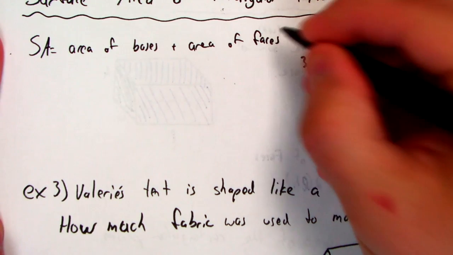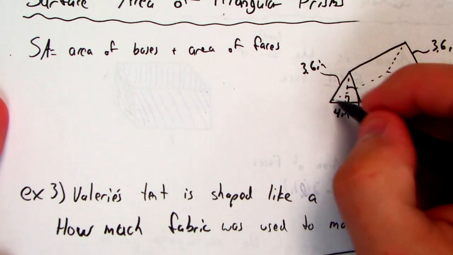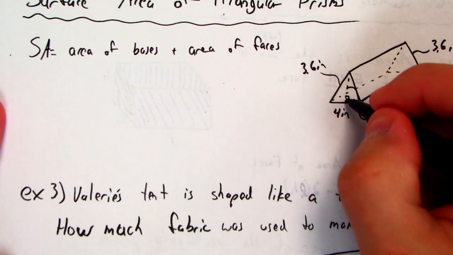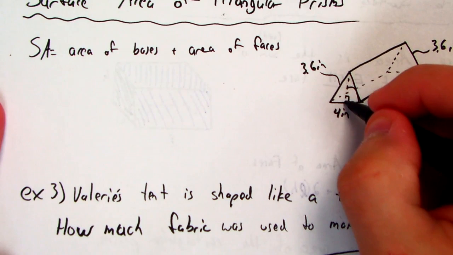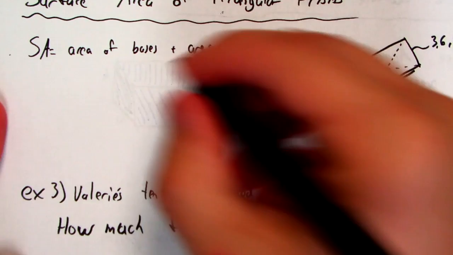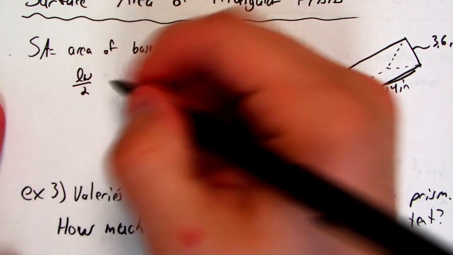Now, in this case, area of the base is going to be the base times the height of this triangle, so length and width, divided by 2. So this is length and width divided by 2. But there are 2 of those, so we're going to multiply that by 2.